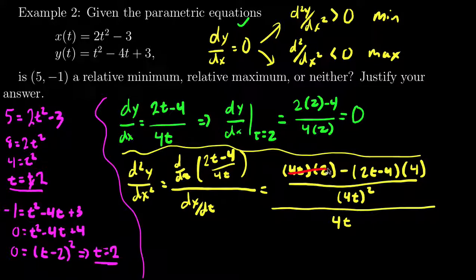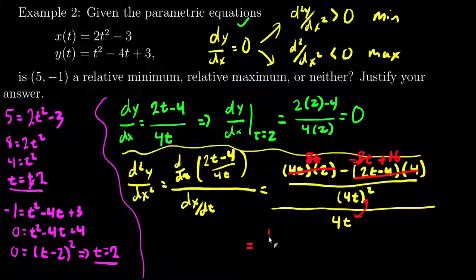Okay, cleaning this up a little bit, I'm going to do it right here, I'm running out of room, so I get 8t here, I get minus 8t plus 16 here, so 8t's cancel, I have a positive 16, and these I can combine to get 4t cubed.